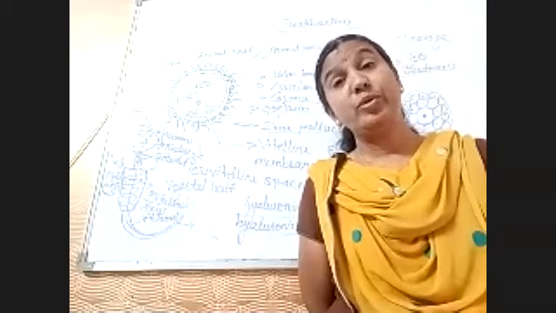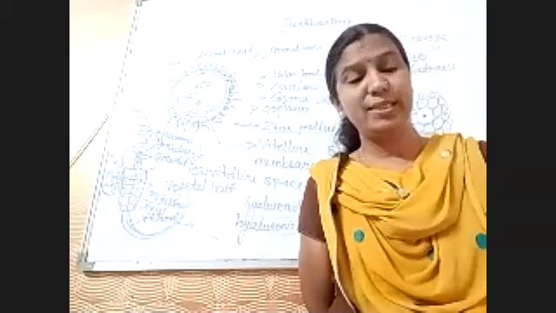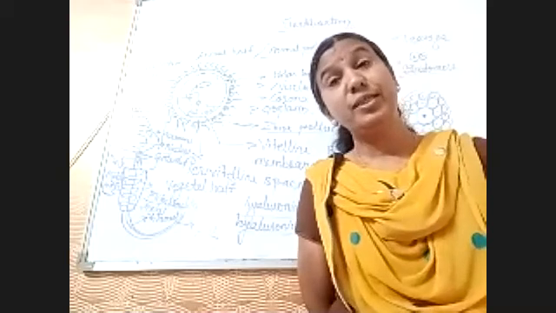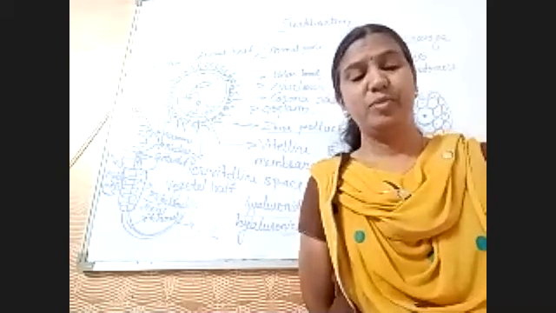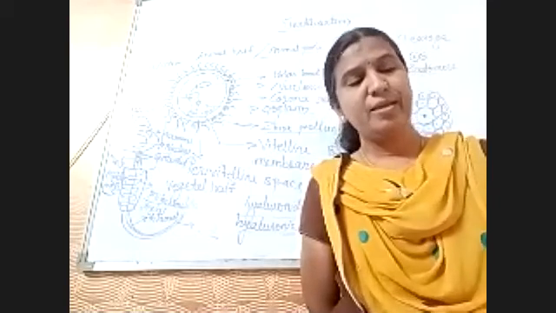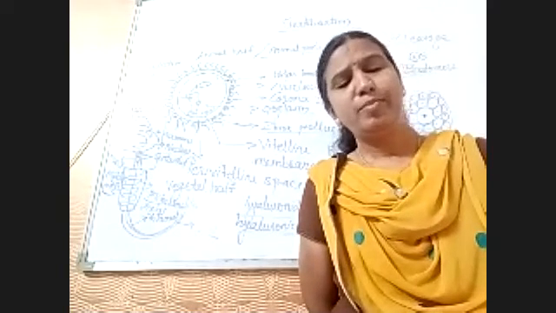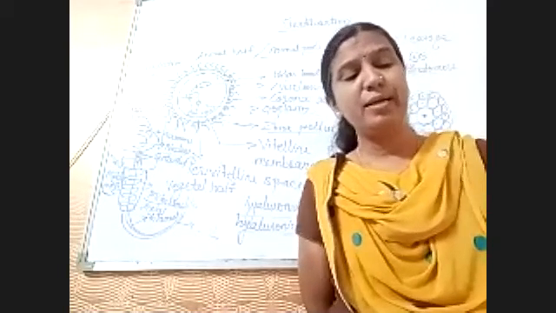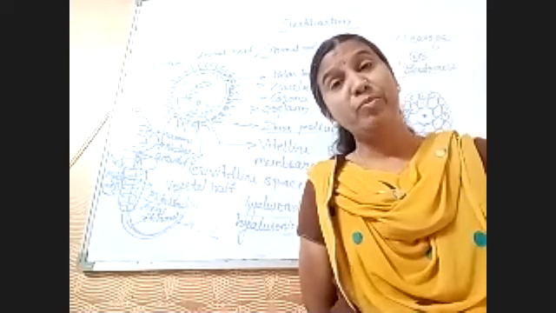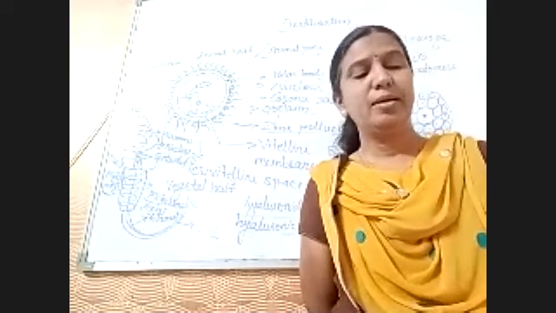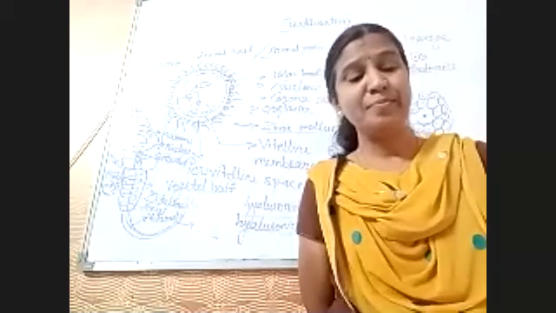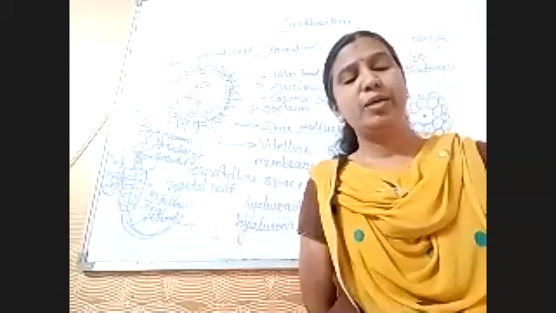Some children have emotional distress also. So here, what are the main signs and symptoms? First the whiteheads, then blackheads. After that, small red tender papules will be formed. Then pimples or pustules will be formed with pus.